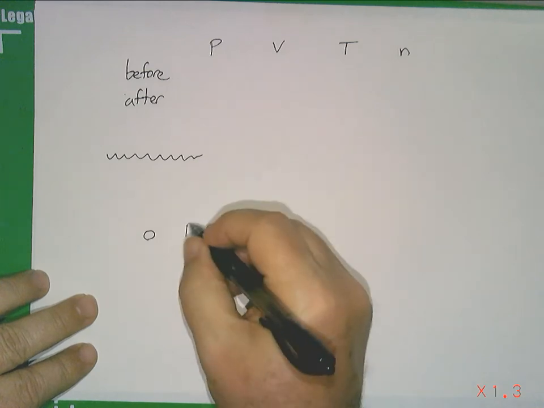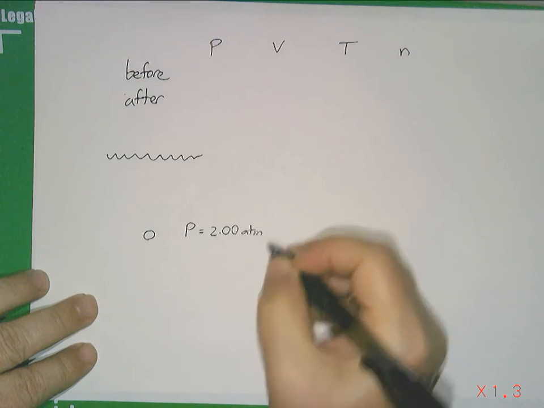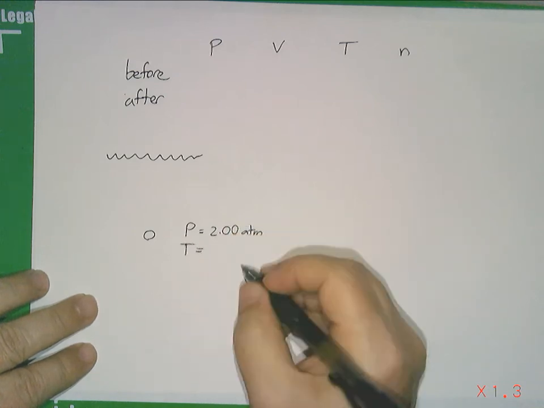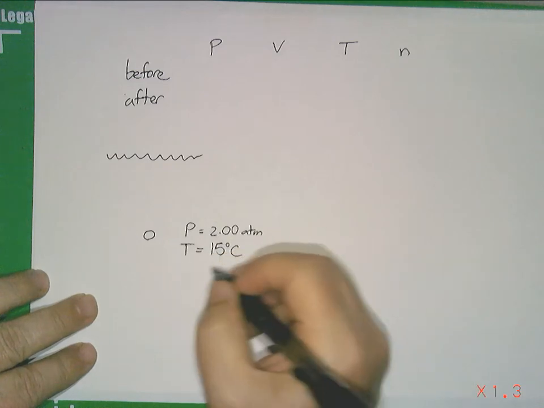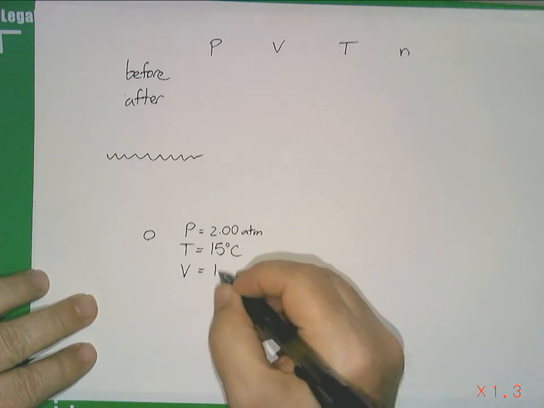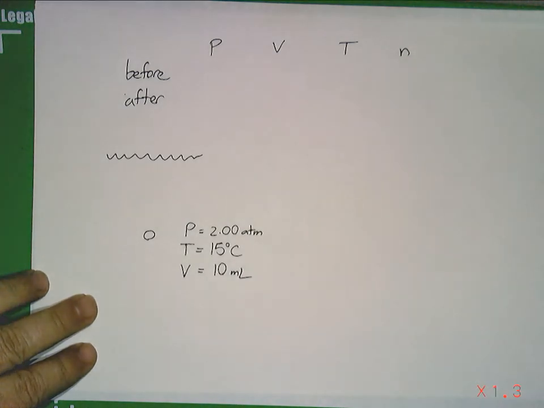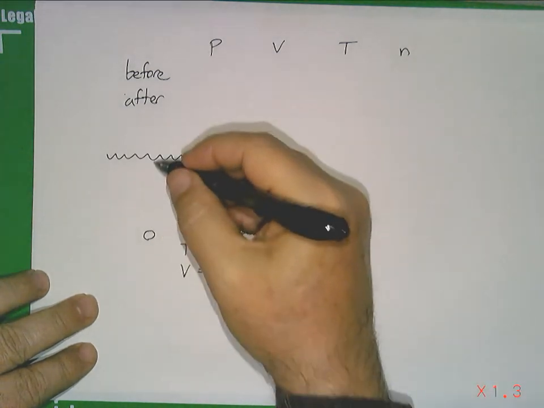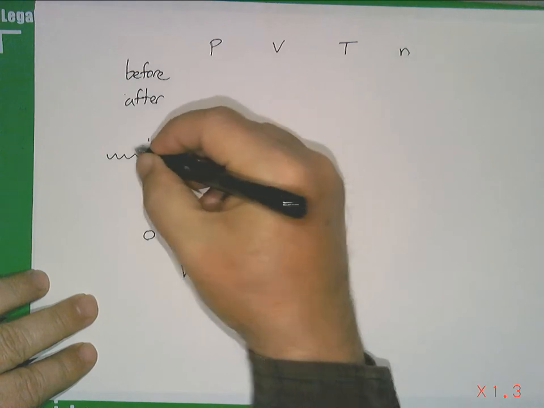It's at a place where the pressure is 2 atmospheres. The temperature is maybe 15 degrees Celsius. And the volume of the bubble is, let's say, 10 milliliters. Now, the bubble rises, and it comes up to the surface, and it bursts.